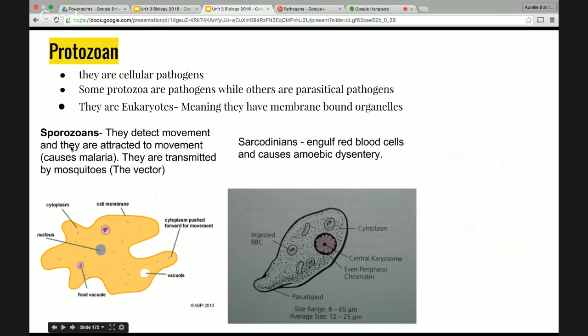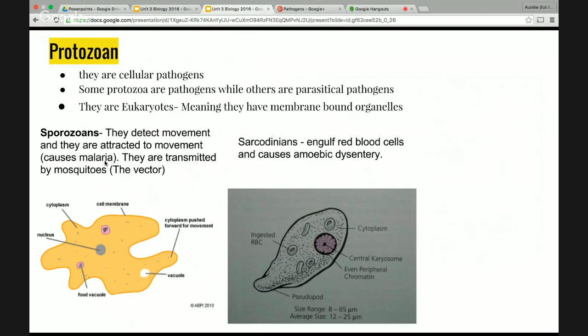That's what causes malaria. What they do is they can detect movement and they are attracted to movement. That's possibly how they make their way inside the mosquitoes, because they can feel when mosquitoes are moving and they move towards it.